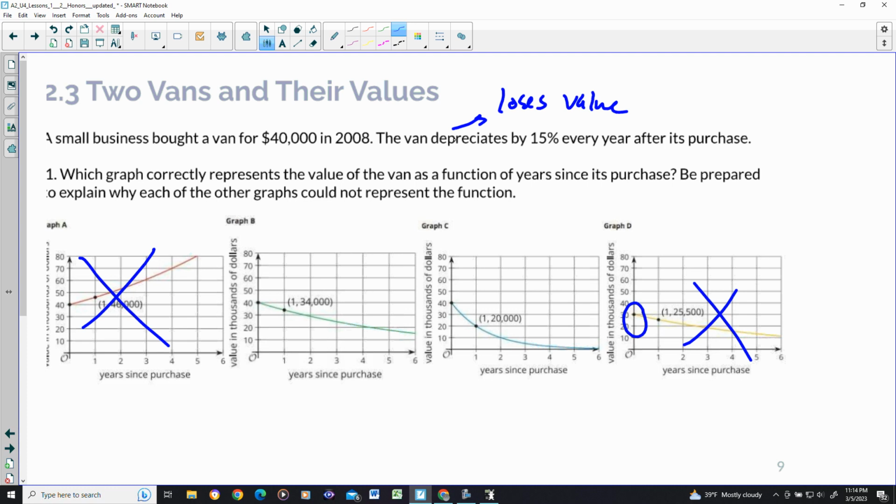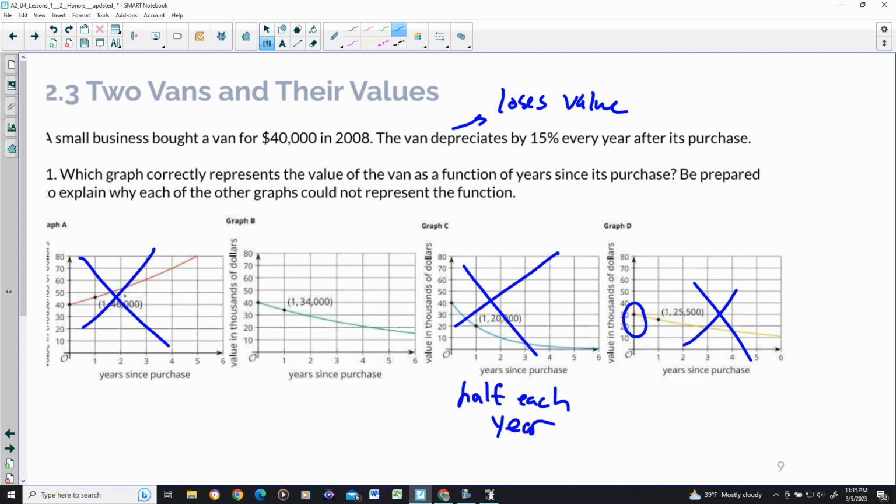Okay, so 15%. Let's look at the difference. This one goes down kind of carefully. This one swoops way down. So it goes from 40,000 to 20,000 to 10,000. Does that sound right? Hmm. This is losing half its value. That doesn't seem right.